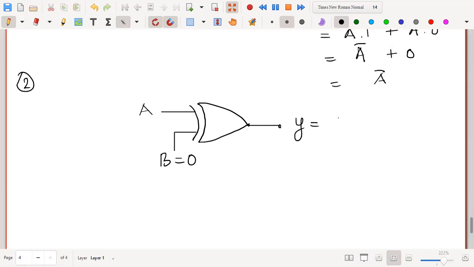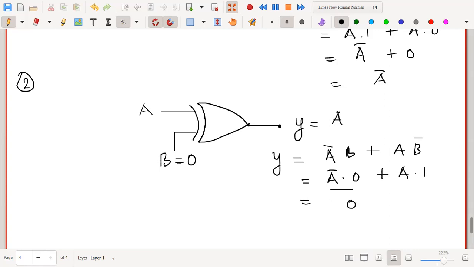What is the other input here? That is A. You can verify this. In this case, a complement b plus a b complement. Now, a complement and 0, or a, b complement. Now, B is 0, so 0 complement is always 1. So this part you will get 0 and this part you will just get A. So the answer would be A.